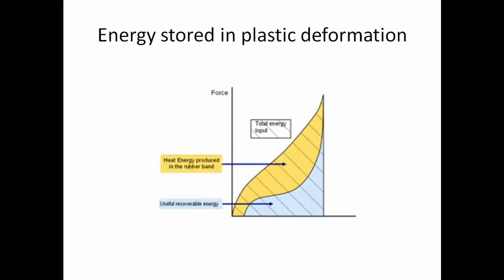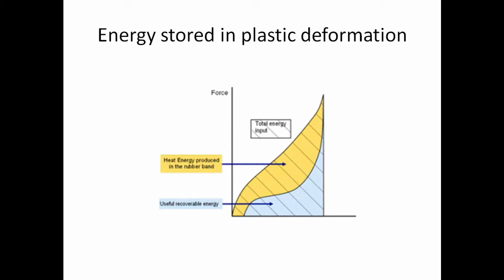The difference is when we have plastic deformation, and this is when the spring will not go back to its original size. The area under the graph is still the total energy put in to make the spring move.